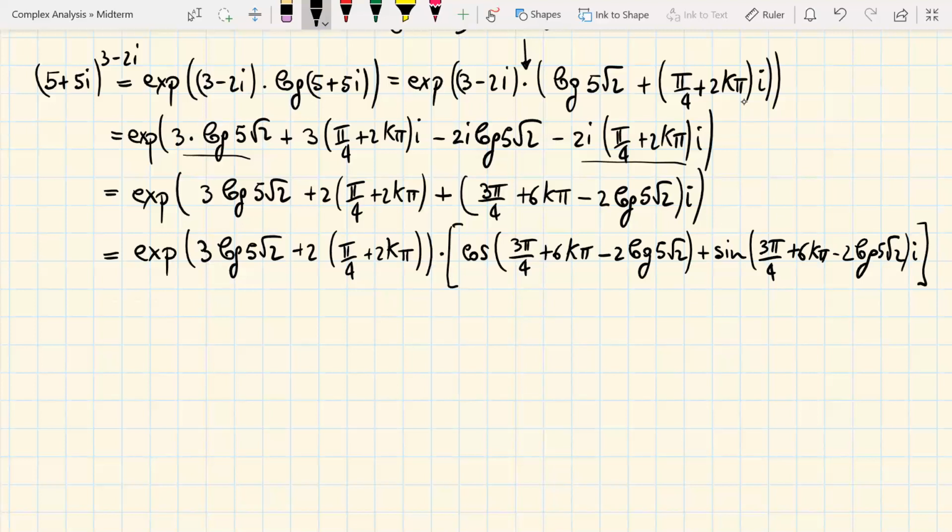Right. And now we notice here that cosine and sine are periodic of period 2π. So these two can go away.